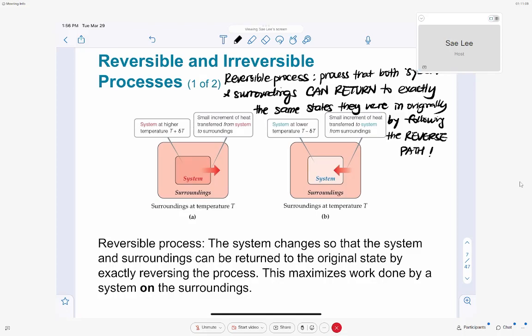Okay, and irreversible process is going to be a process that both system and surroundings cannot return to exactly the same states they were in originally by following the reverse path.